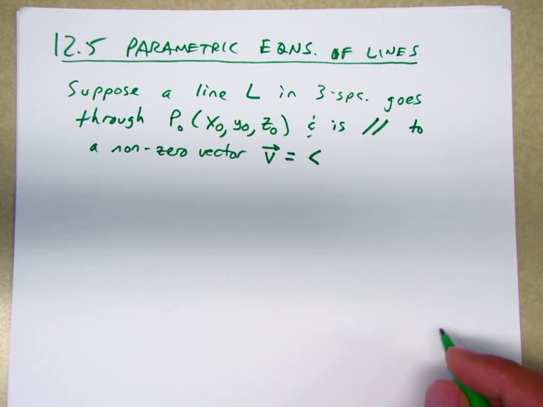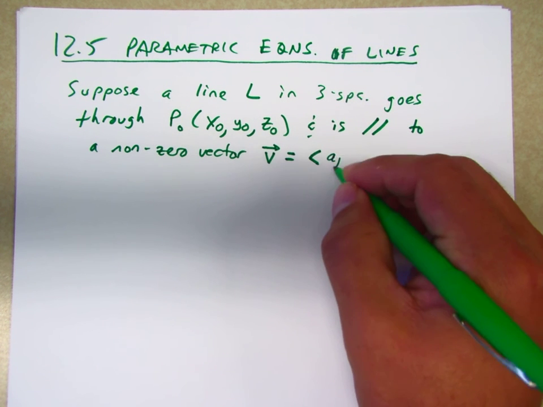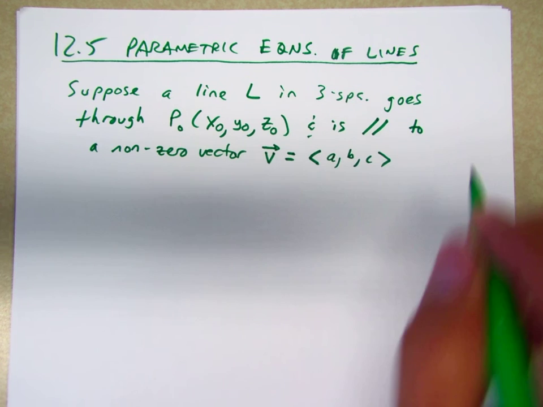And let's just say that this vector has components a, b, and c.